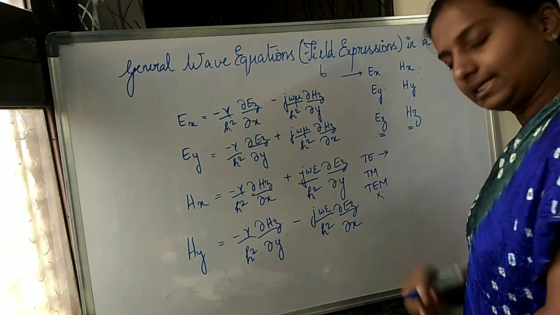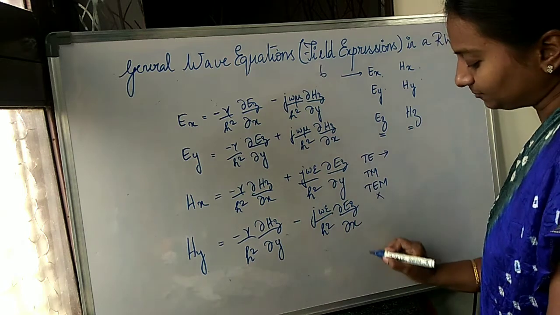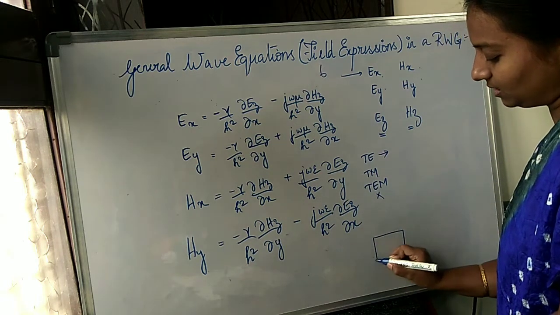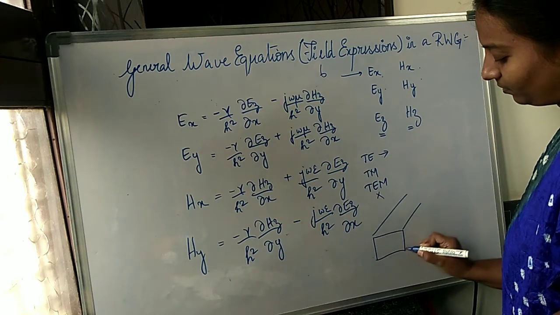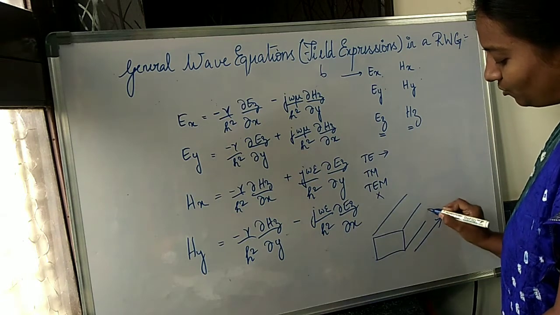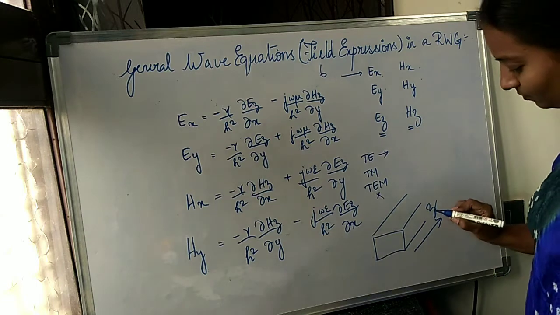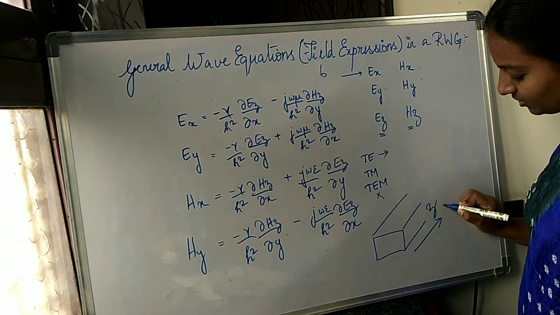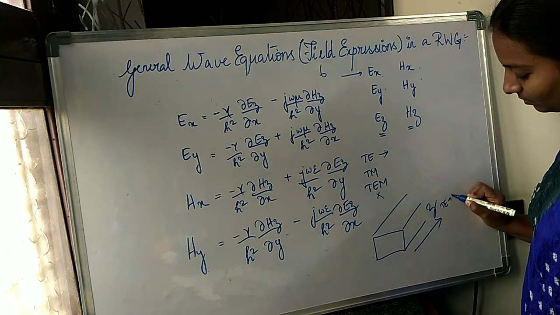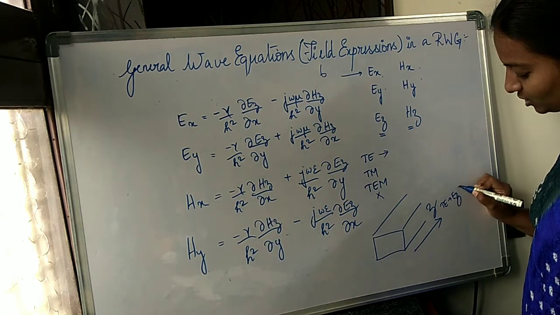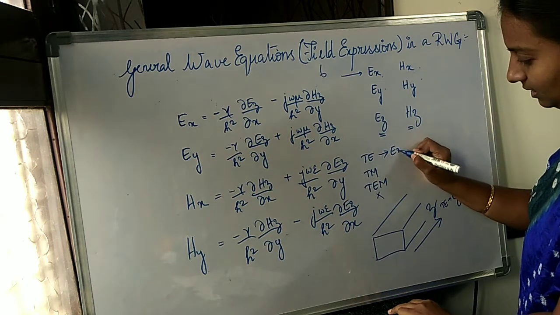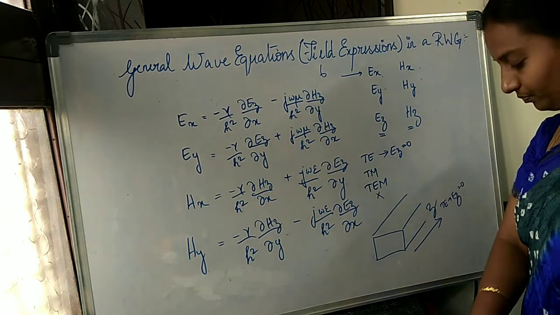If it is a TE mode, along the direction of propagation z, the electric field along the direction of propagation will be 0, which means for a TE mode, Ez is 0.